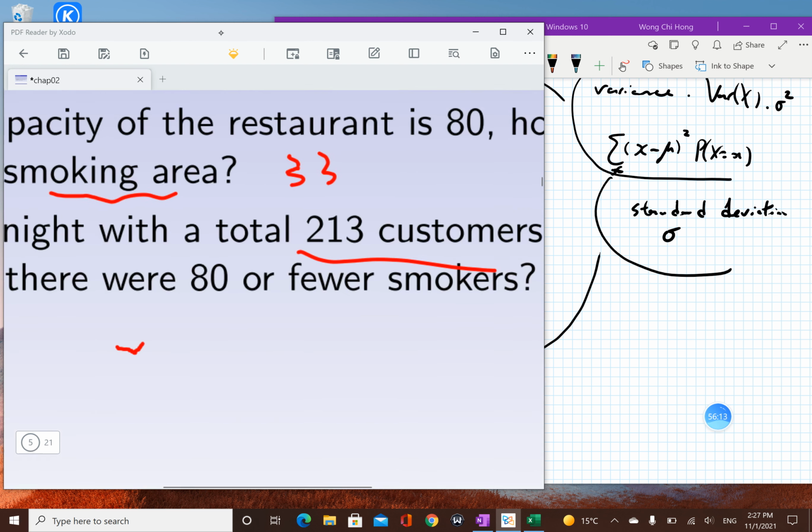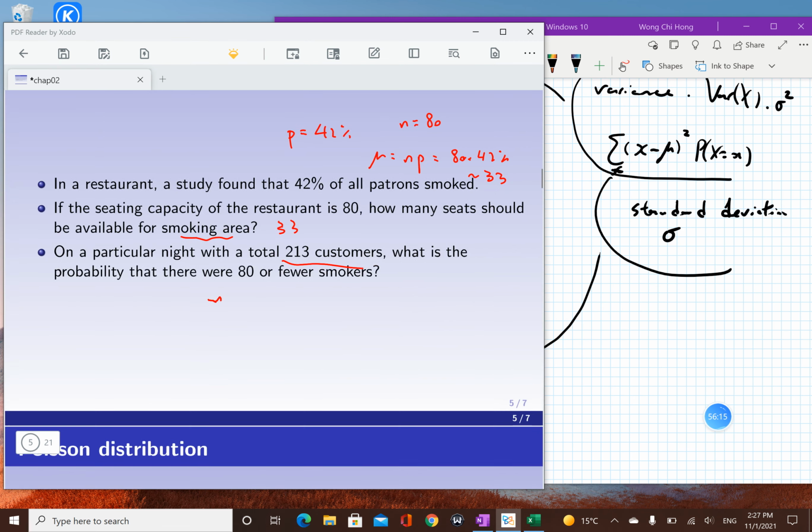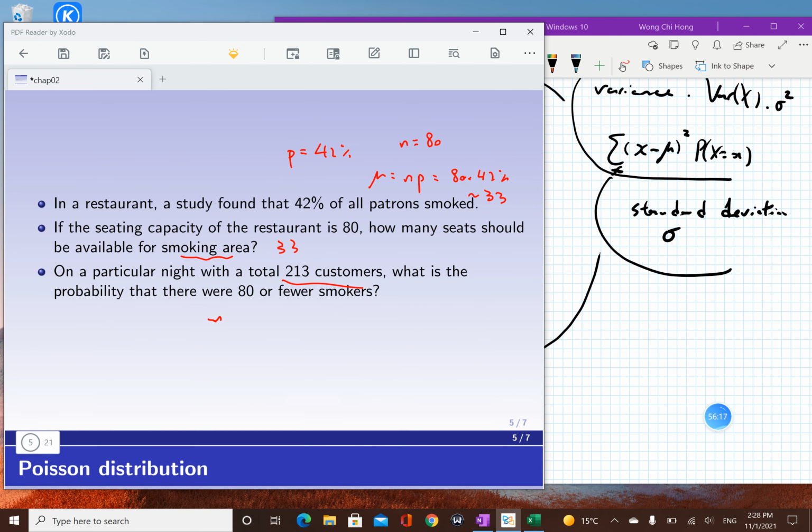Suppose that we've got n equals 213, again p being 42%. I've got 213 customers on a particular night. What is the probability that it is 80 or fewer?